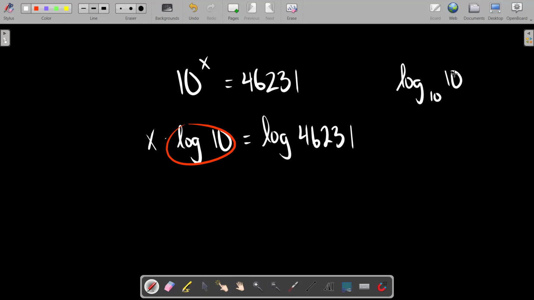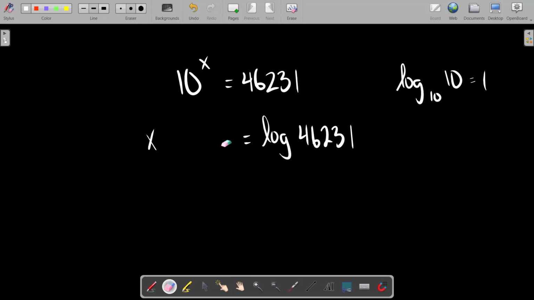And that's a redundant log because 10 to the power of 1 equals 10. When you are lucky enough to get a problem where the base of your exponential portion is a 10, this part right here, watch the magic eraser, you don't even need. Magic, right? So the answer to this problem is already on the board.